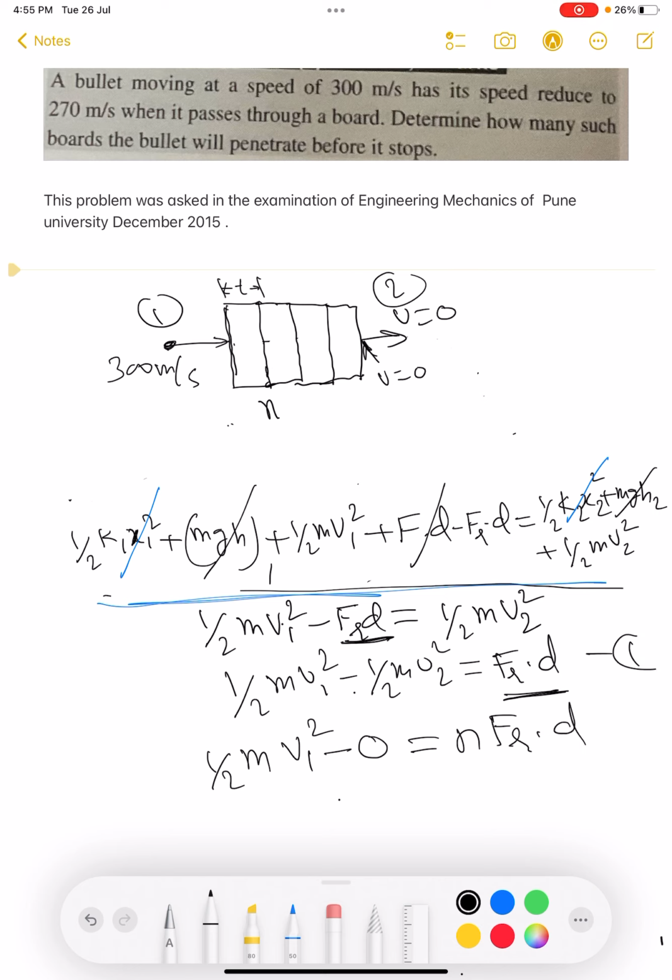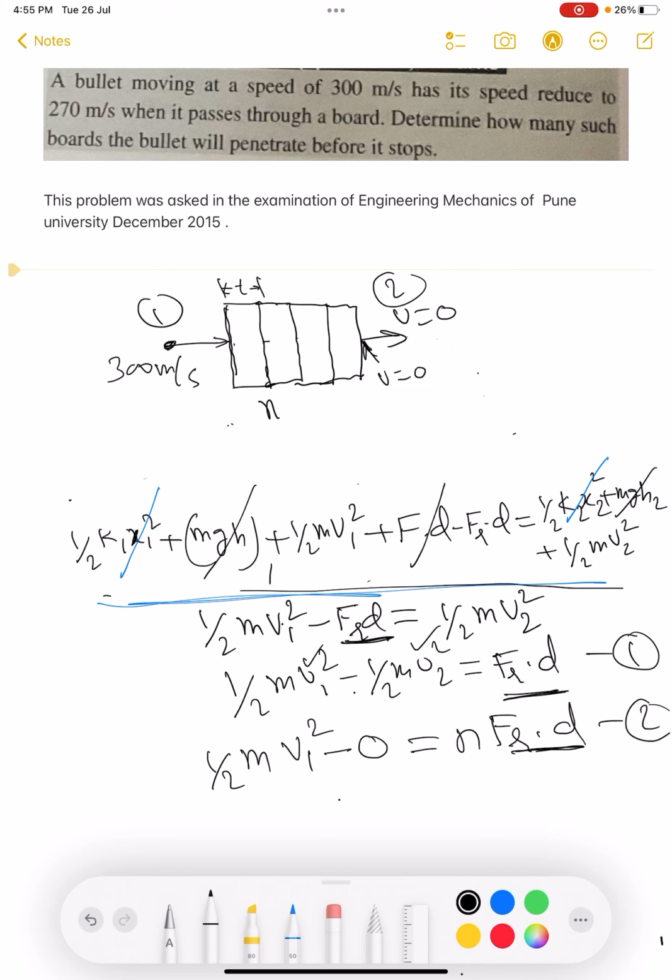So we have these two equations, please note. In these equations, we know v1, we know v2, and we also know the value of Fr into d.